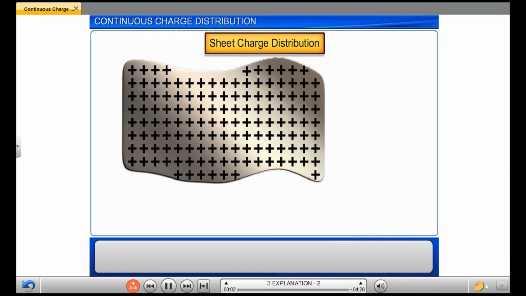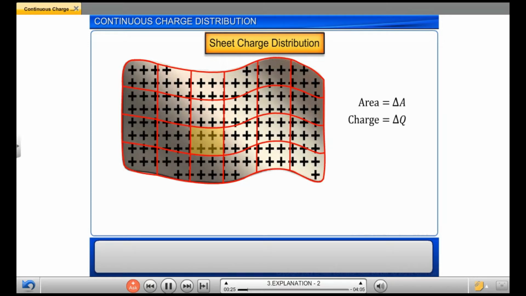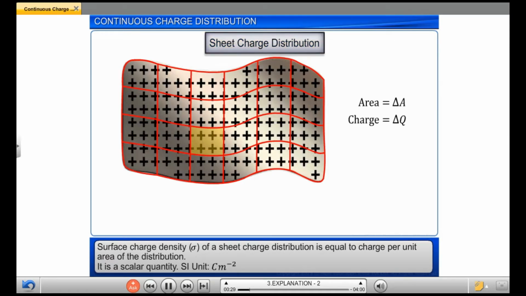Now let us consider a sheet of charge carrying a total charge Q on a surface area A. In such situations, the electric field strength at an imaginary point P can be calculated by assuming the charge distribution to be divided into infinitesimally small areas, each having an area delta A and charge delta Q. Surface charge density sigma is the charge per unit surface area.